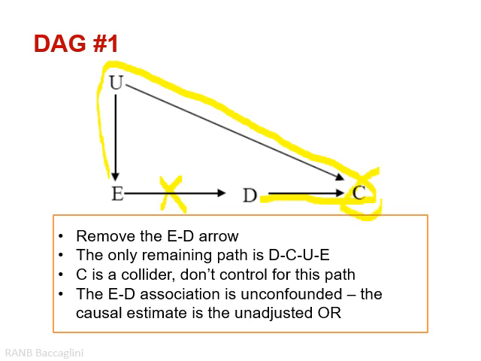Yes, C is a collider because there are two arrows going into it. So this path is blocked, and we do not need to control for any of these variables. We can say that the association between the exposure and the disease is unconfounded, and we can use an adjusted odds ratio. And this can be confirmed when we do modeling.